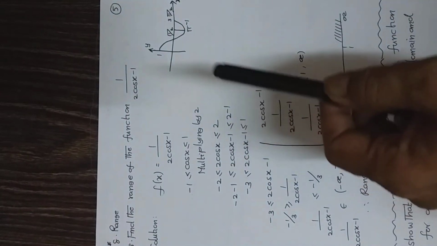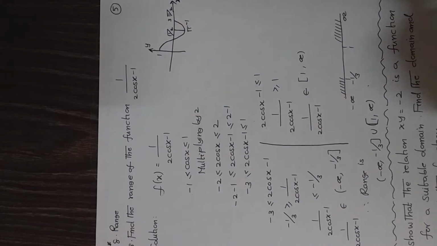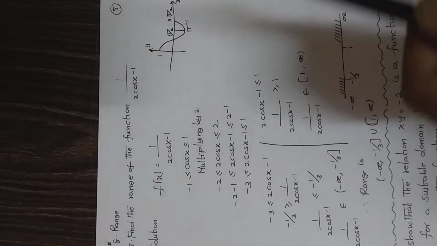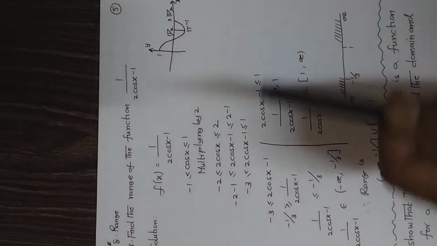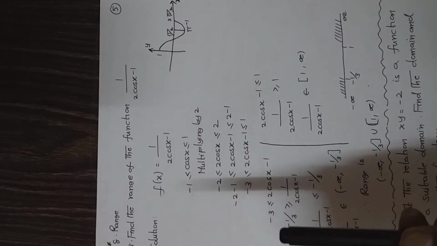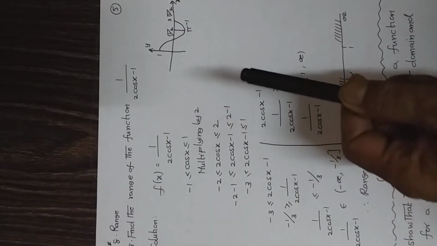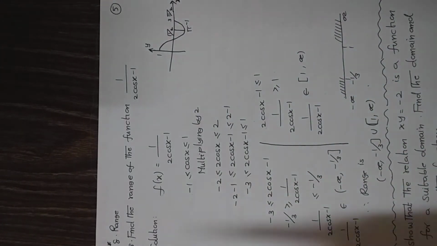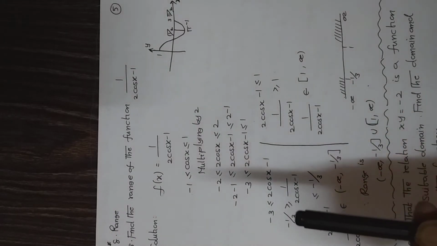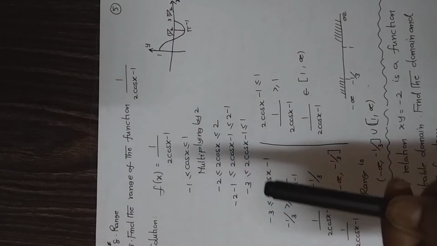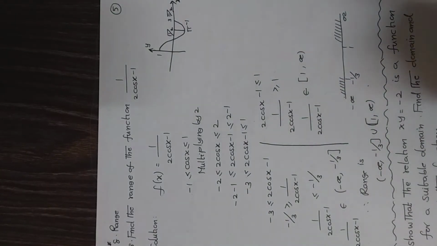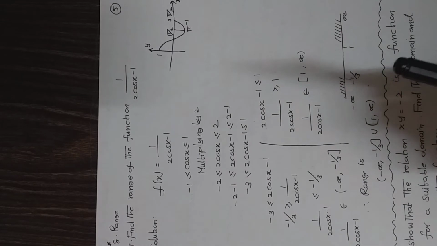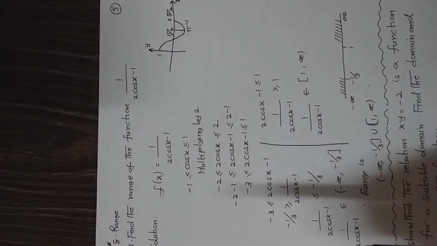Maximum value of cos x is 1, minimum value is minus 1. For example, cos 0 is the maximum value 1, cos 180 degrees is minus 1. Right now, you should remember that cos has maximum value 1 and minimum value minus 1.